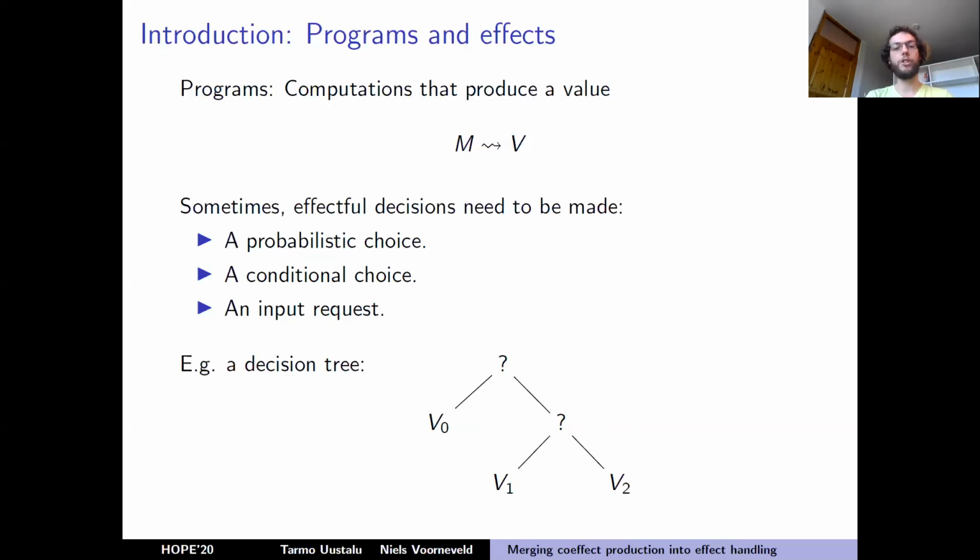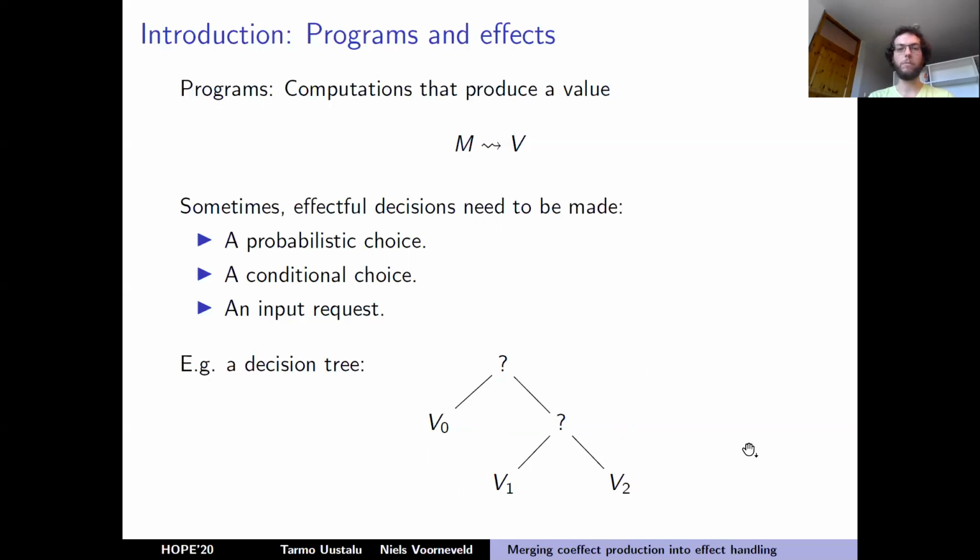We might have some conditional choice where the bit that is gotten depends on some condition or some property of the environment. Or it might simply ask a question of the user or of the environment, so asking for a particular input. And so in general, we might represent a program using a decision tree, where here there are two choices being made.